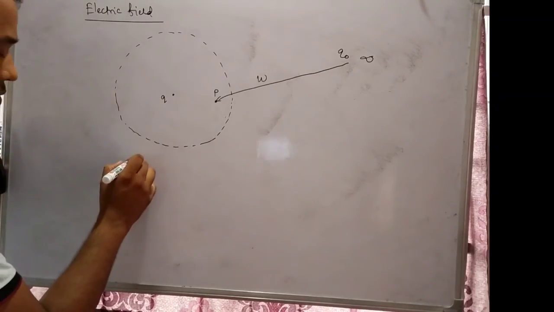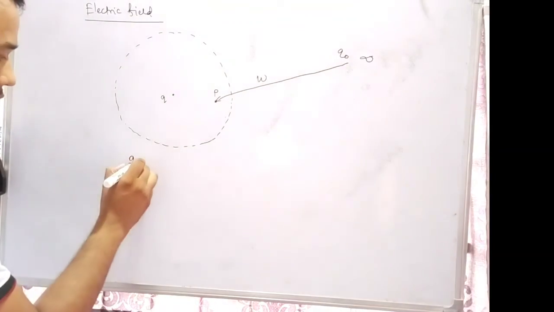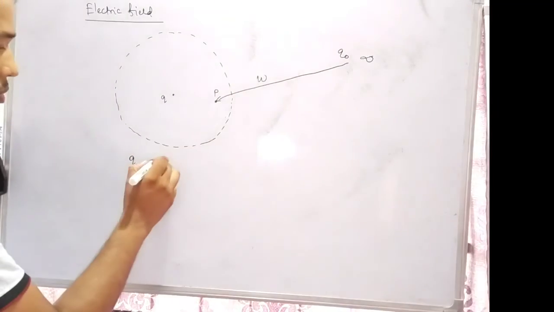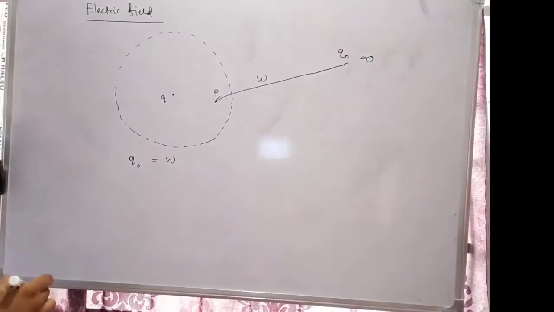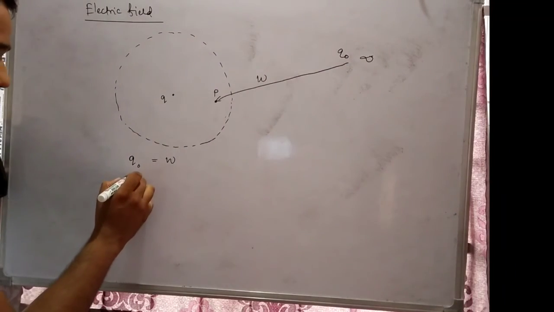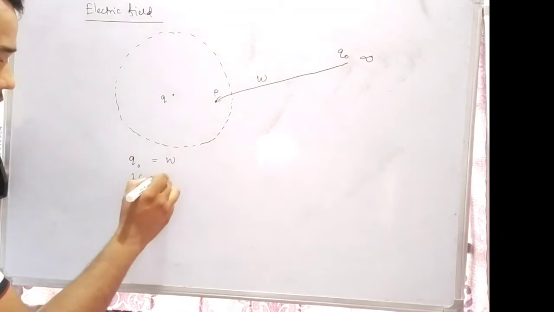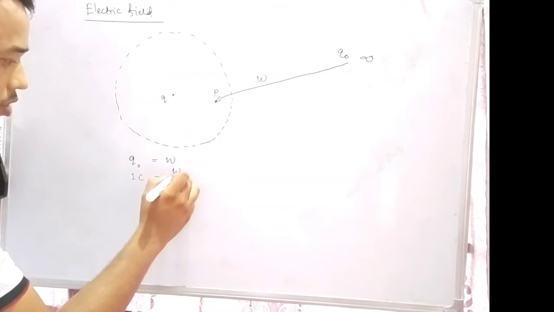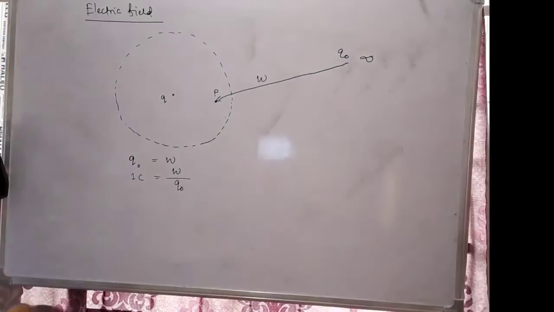Now, if W amount of work done is required to move the charge Q naught from infinity to the point P, then to move 1 coulomb of charge we need work done of W by Q naught.